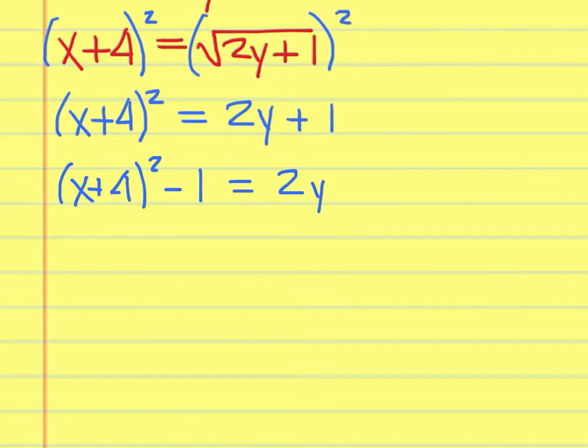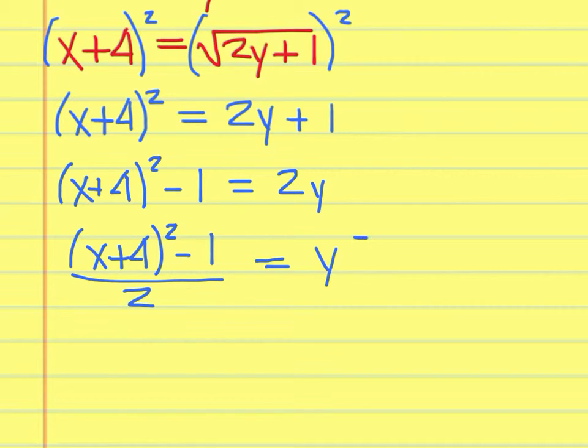And be left with 2y on the right. Divide everything by 2. So the inverse of y is the quantity squared of x plus 4, close the quantity, minus 1, and then divide by 2.